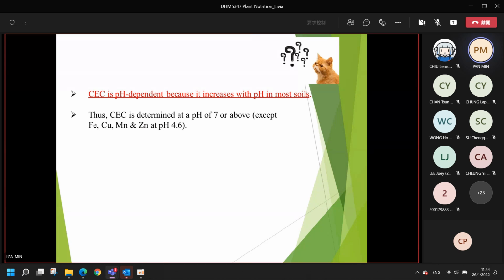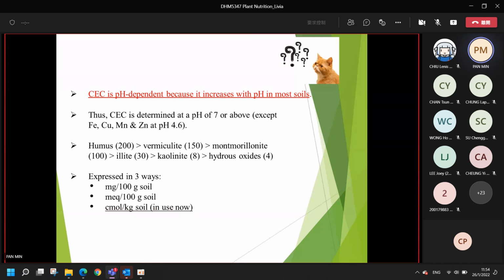Because through the cation exchange, as I said, the divalent are held more tightly than the monovalent cations, which means that the hydrogen ion is more easily replaced by other cations.